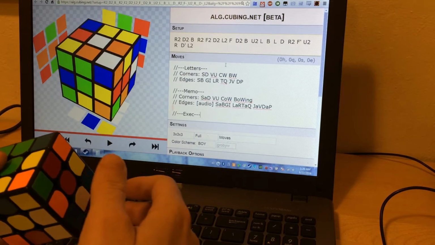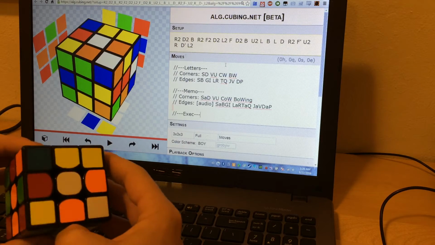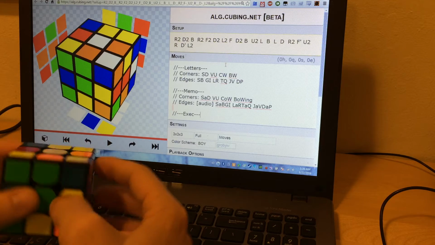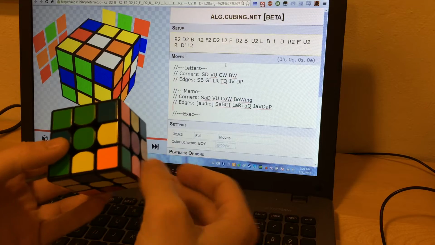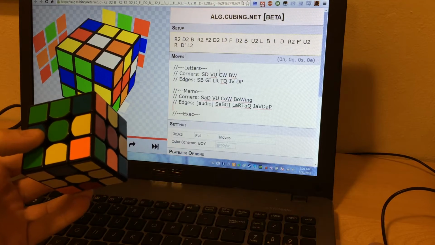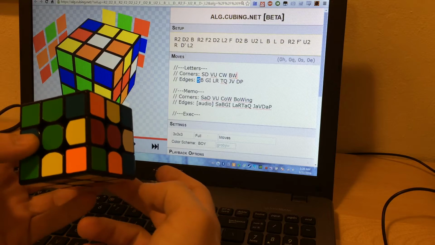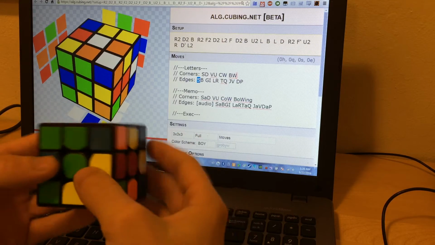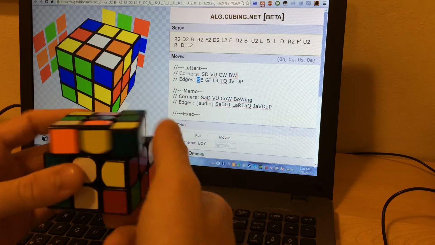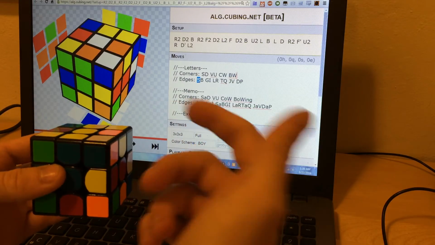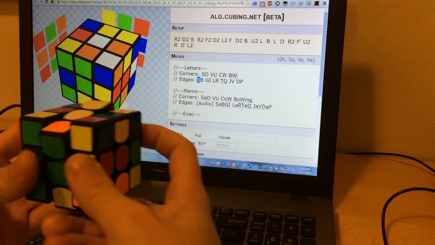Okay, so first I'll do M2 and OP. So I would do edges first either way. So for M2 we have S, which is on the M slice. Since it's the first letter, we're just gonna do it normally, so that alg is like this. So it's S, and then we move to B, so we have to set it up like that.